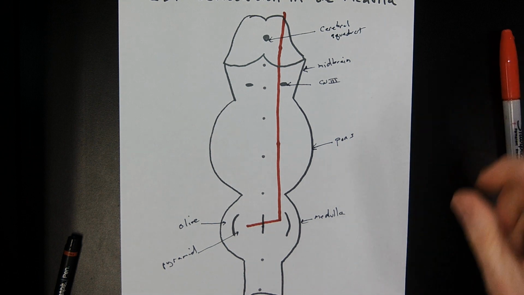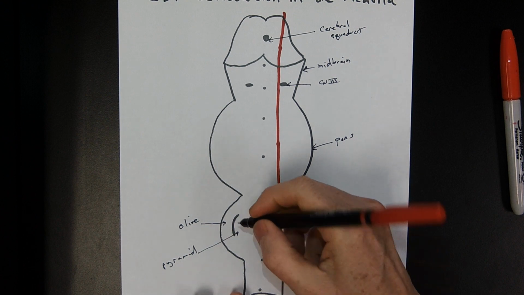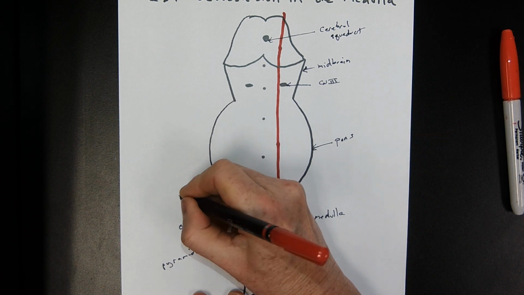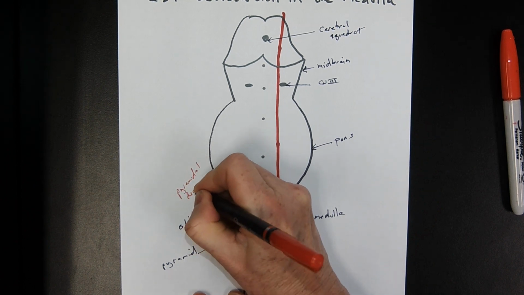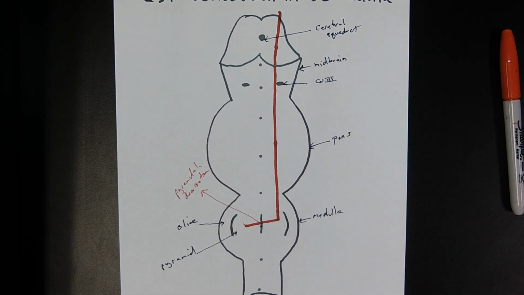Okay, and we talked before about this is called a pyramidal decussation. Okay.